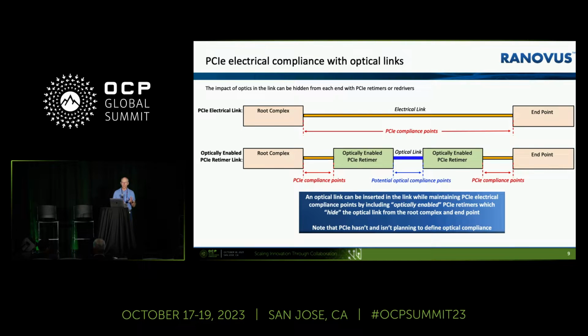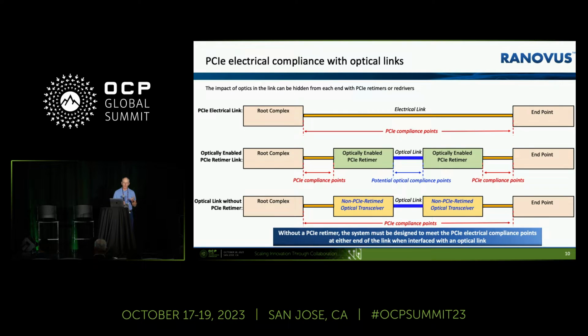The good thing about this is the PCIe compliance points are well defined. You can see at the root complex to the first retimer, you have those red compliance points, and the same on the right side. And there's a potential to come up with some optical standard for compliance points for the blue optical link, but today that's not something that's being defined.